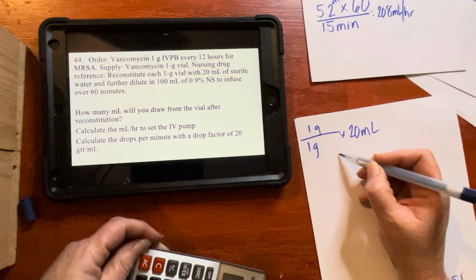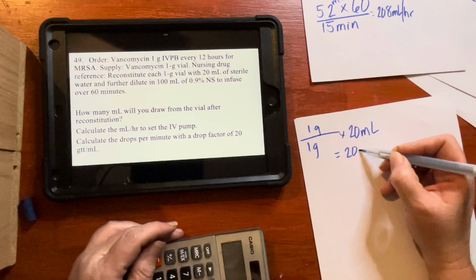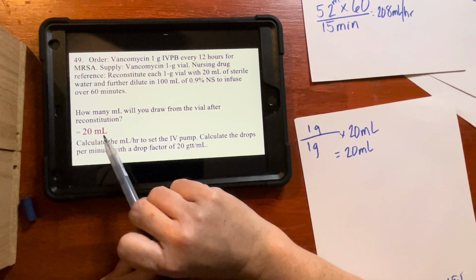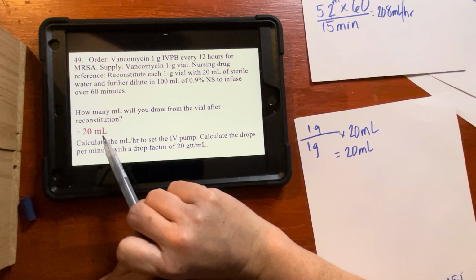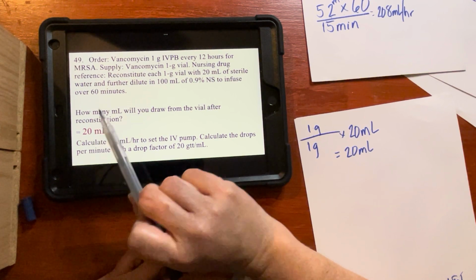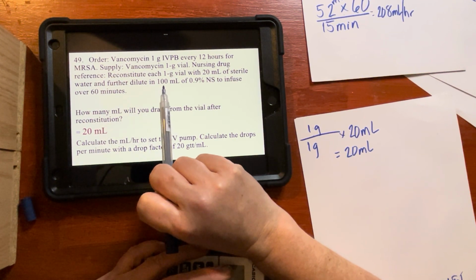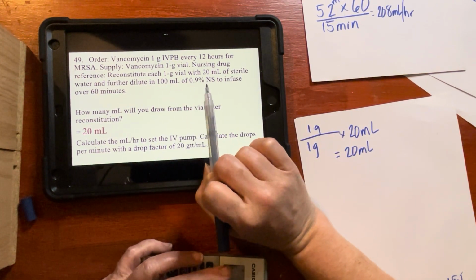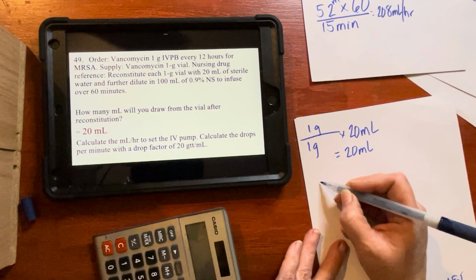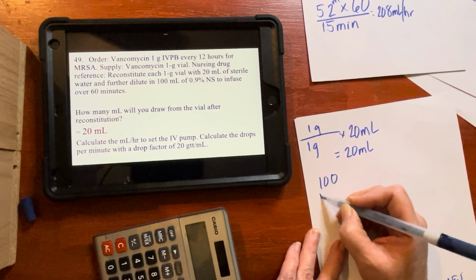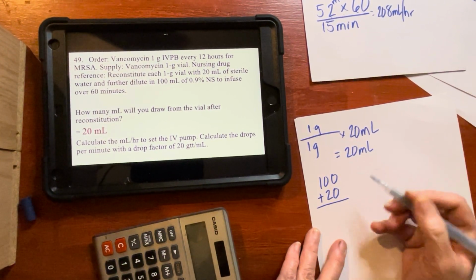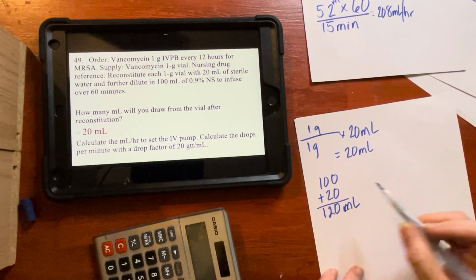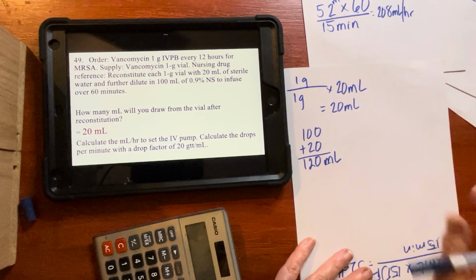So we're going to draw 20 milliliters, every single drop out of that sucker, because that's what the doctor wants. And then we have to take those 20 milliliters and inject it into one of them little 100 milliliter bags of normal saline. And so 100 plus we add this 20 milliliters with the good stuff. That means the total volume is going to be 120 milliliters. Help them, Lord.